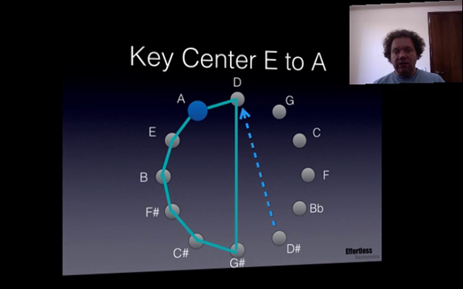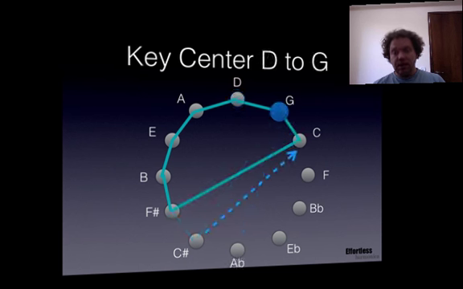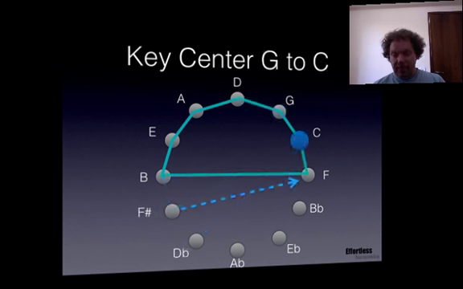So we modulate now from A to D, and the G sharp became a G. Again, we modulate, and we are now in the key of G, and the C sharp became a C. And once again from G we modulate to C, and here the F sharp became an F.